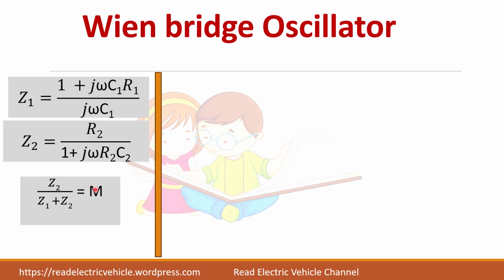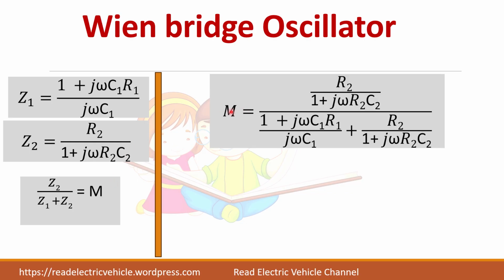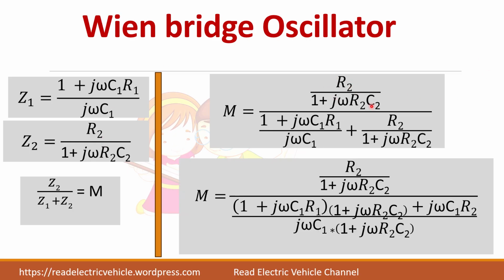Now let us find what this M is. M is equal to Z2 divided by Z1 plus Z2. So add these two. Here you can see I am keeping the numerator as such. This part you multiply by here, and this part gets multiplied with this.